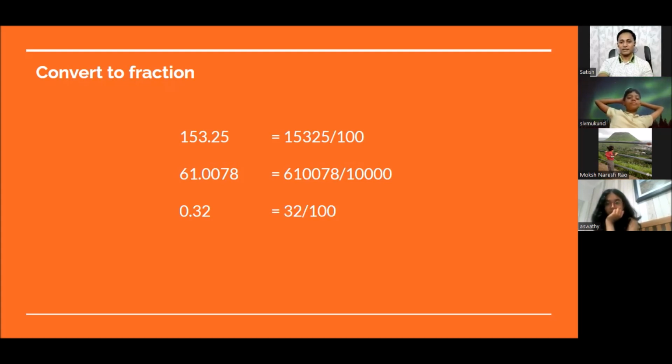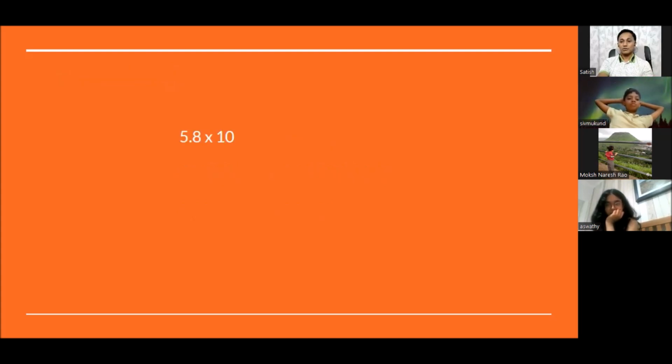Okay. So what is 5.8 into 10? How can you write 5.8 as a fraction? Is it 58 by 10? It is 58 by 10. That's what we just learned now, right? If you divide something with 10, one decimal gets shifted.